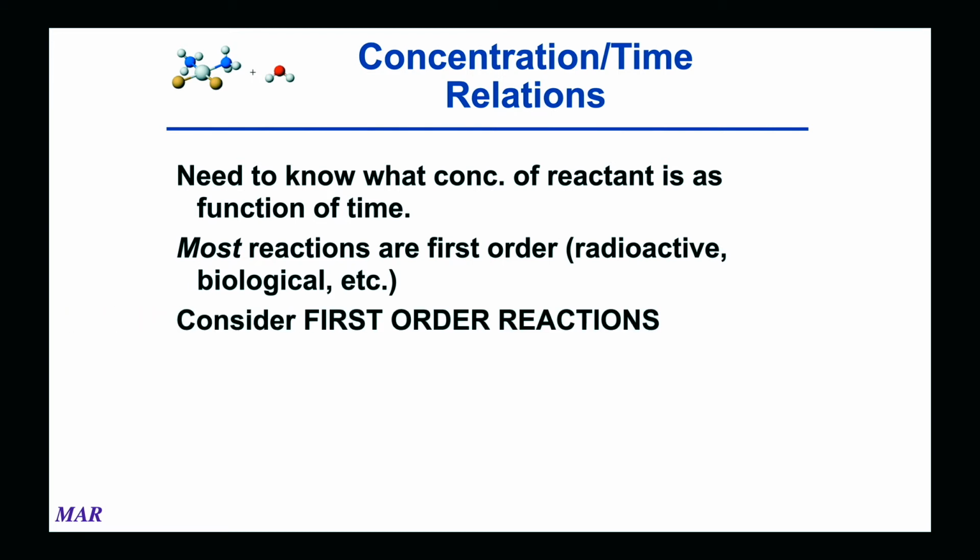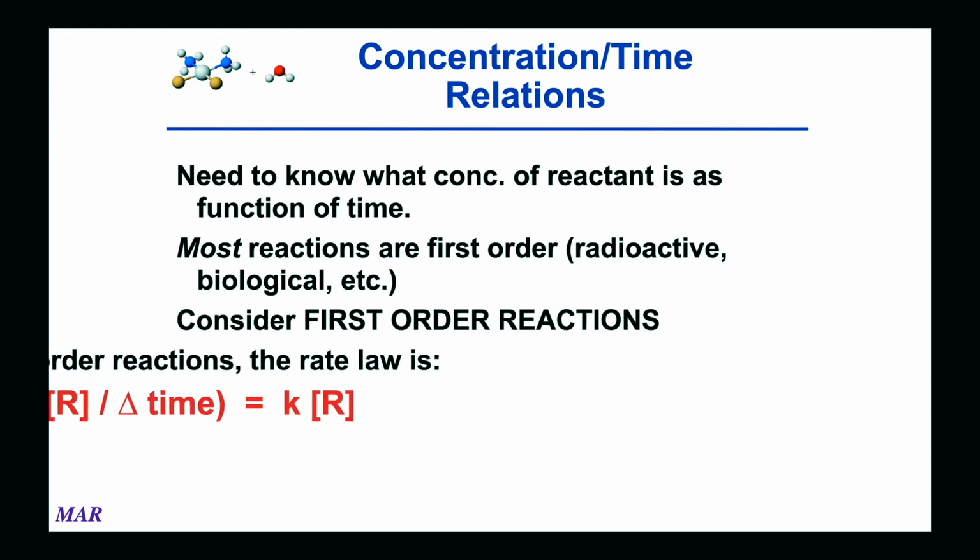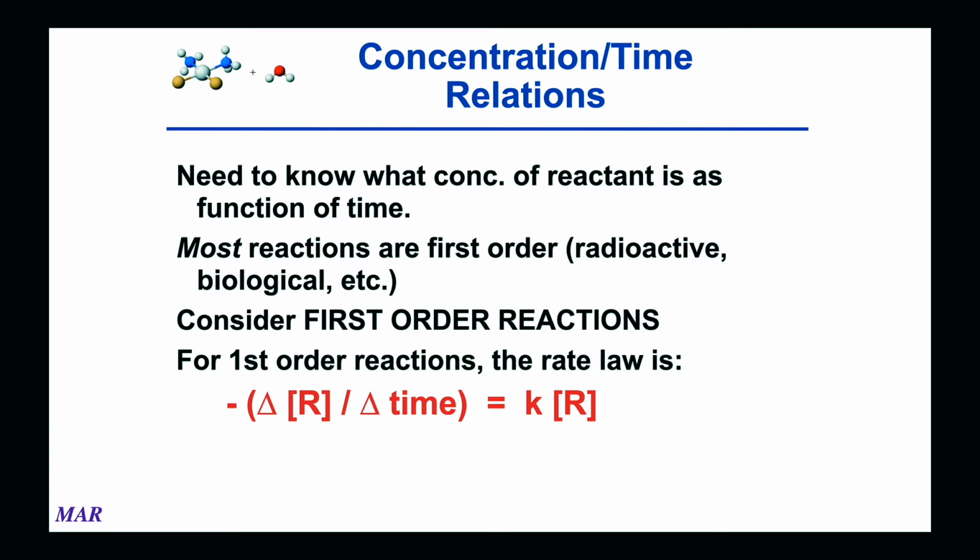If you have a first order reaction, all right, then rate equals k times the reactant R to the first power. And remembering that rate is the negative, because you have to keep them negative because they're reactants, rate equals negative the change in the reactant concentration over change of time.